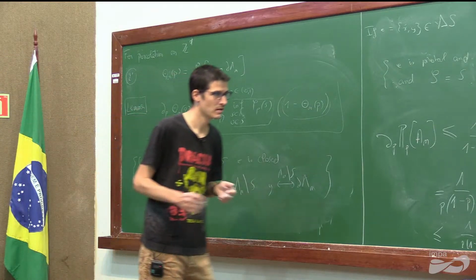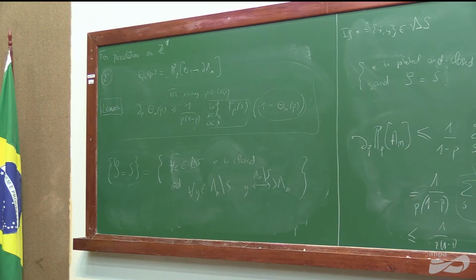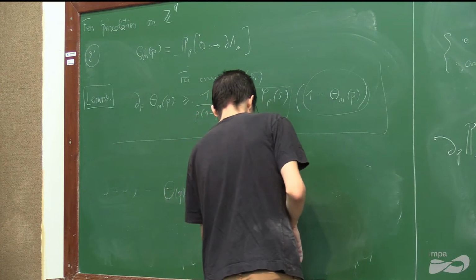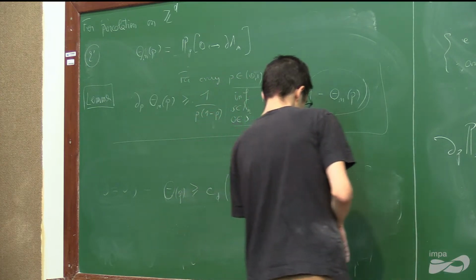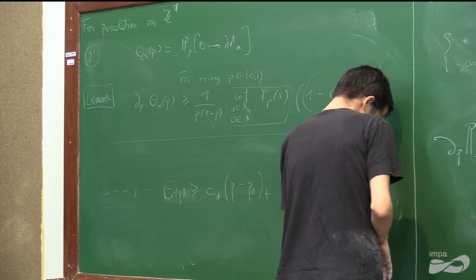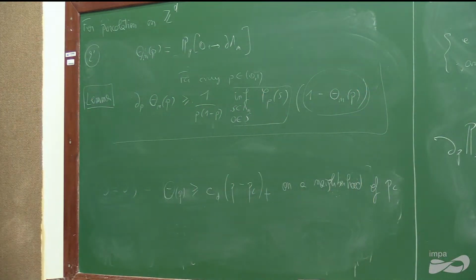Basically, what was important from this is that theta p is larger than some constant times p minus pc, on a neighborhood of pc.